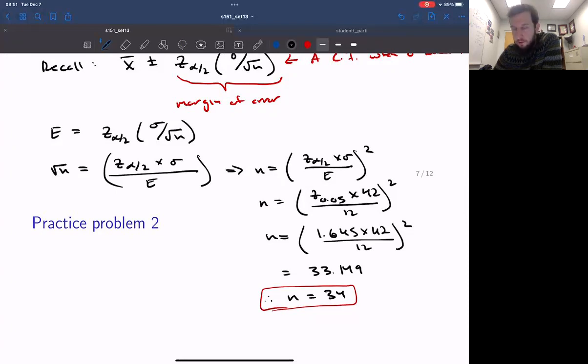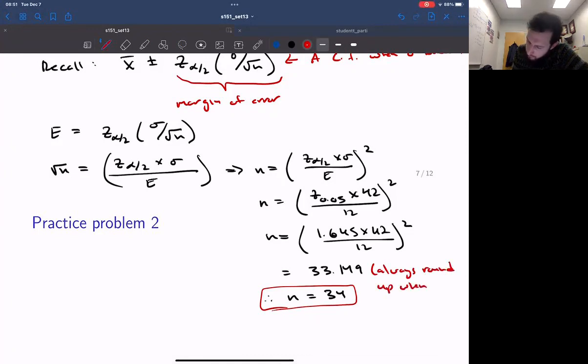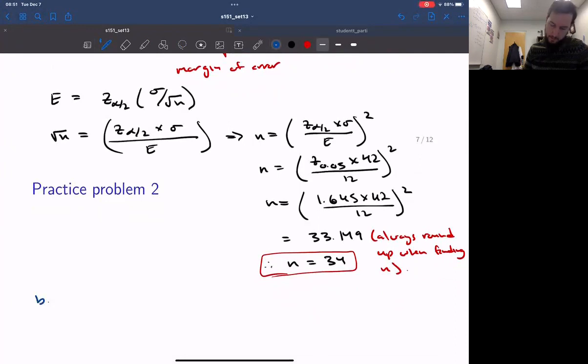Even though this would round to 33, whenever we are using this formula to compute sample size, we always round up, because otherwise we might miss the target since we won't have quite enough information. So always round up when finding little n. Any questions?